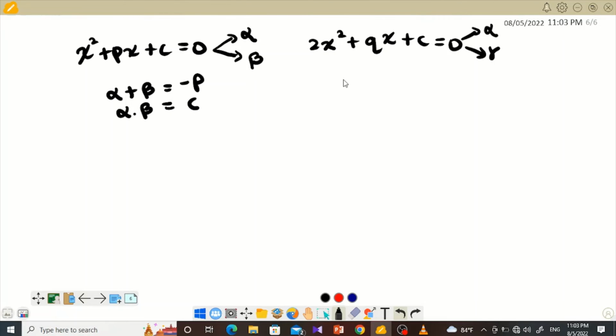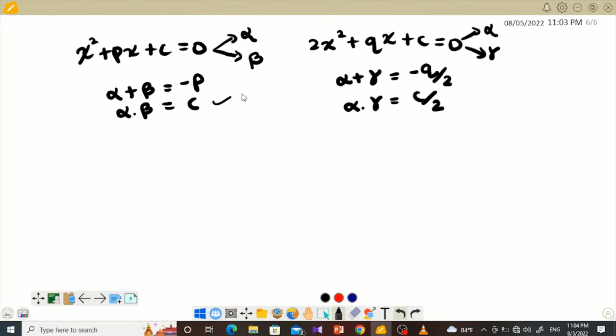Here I can write alpha plus gamma as minus q divided by 2 and alpha dot gamma as c divided by 2. To obtain the relationship between beta and gamma, I can use the product of these roots. So if I divide the products of roots, I can obtain the relationship between beta and gamma.